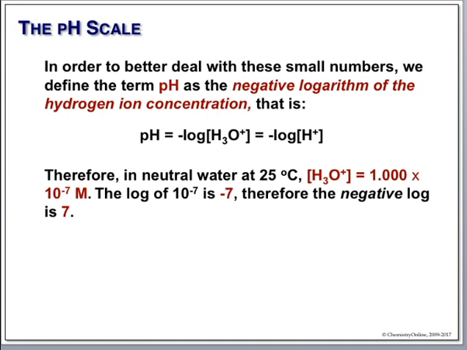That's where pH 7 comes from. Pure water has 10 to the minus 7 molar hydronium. Take your calculator and try it. Type in 1 times 10 to the minus 7. Hit the log button. You should get minus 7. Simply change the sign to get the pH.